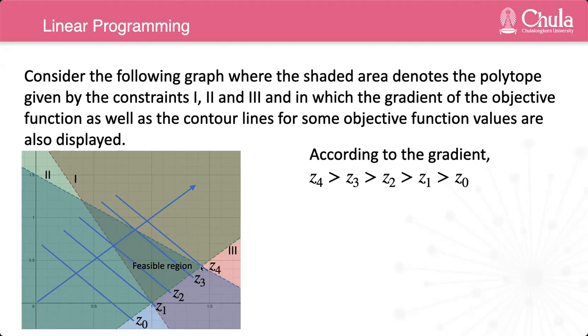We cannot go beyond this, right? Because if we go beyond this, we step out of the feasible region. So the maximum point is here. It's very simple and intuitive, I think.